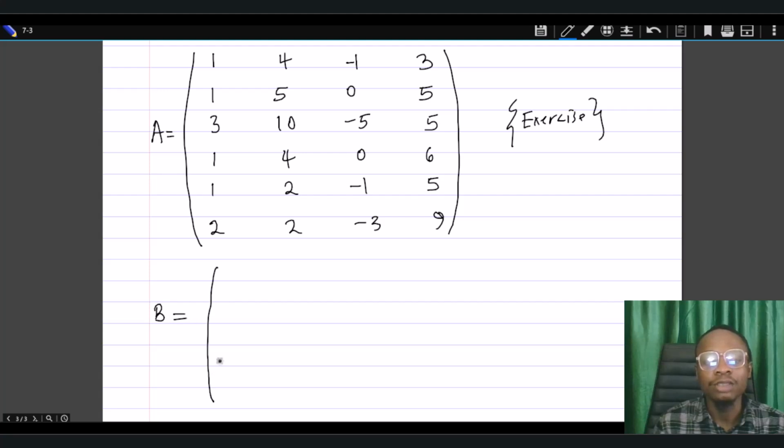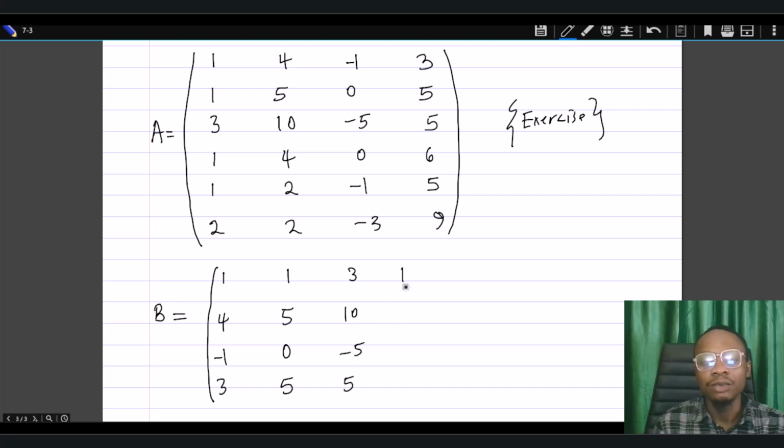then instead of this being on a row, we have 1, 4, -1, and 3. Then this is 1, 5, 0, and 5. We're using column vectors instead. So this is 3, this is 10, this is -5, and this is 5.